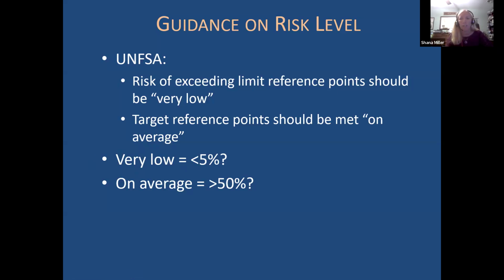And what does on average mean? Is it greater than 50%? Greater than 60%? Where do we want these acceptable levels of risk to fall for each fishery? That is something that is agreed as part of a harvest strategy development process.